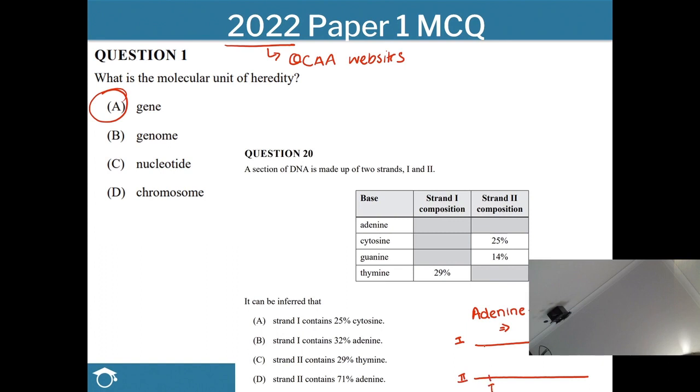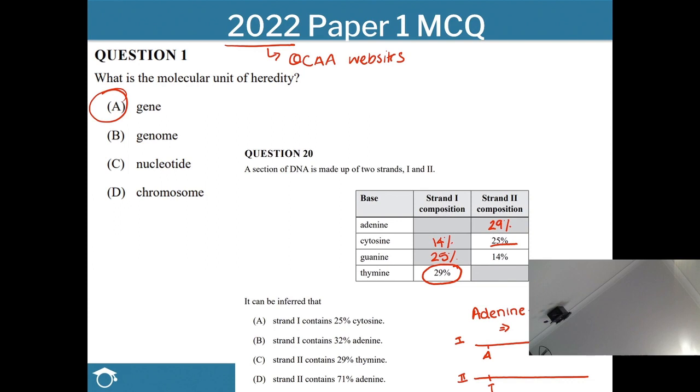If I have the thymine here, it's going to be bonded to an adenine on the top half. So therefore, if I've got 29% thymine on strand 1, that means 29% of adenine will be featured on strand 2. Similarly, 25% of cytosine will be corresponding with the same amount of guanine on the other side. So guanine on strand 1 will be 25%. 14% of cytosine corresponds with 14% of guanine on strand 1.